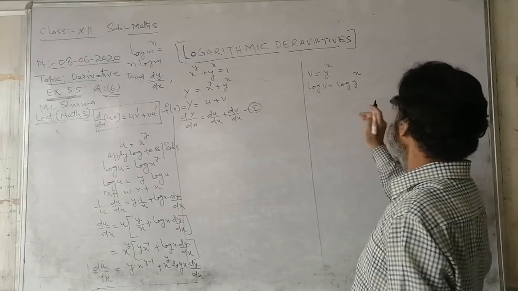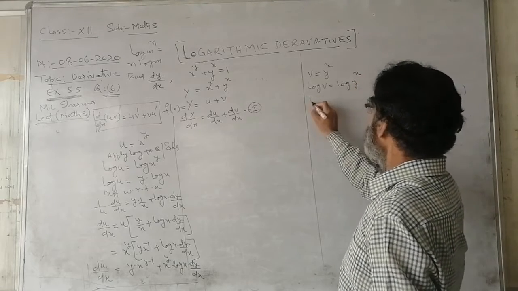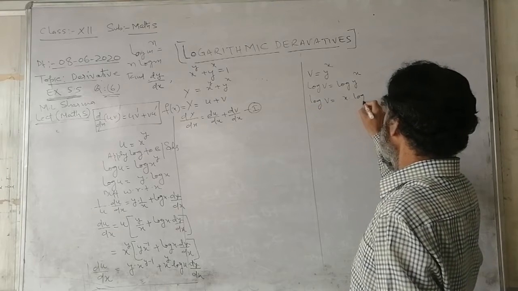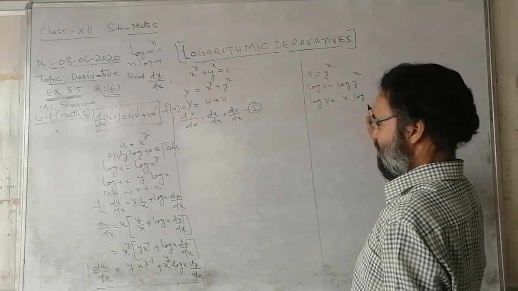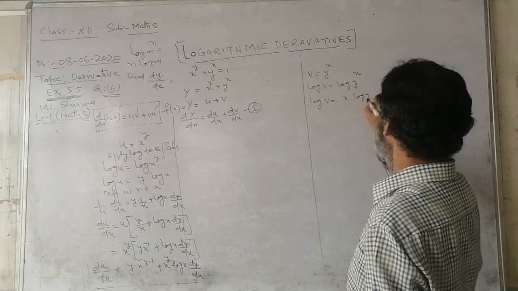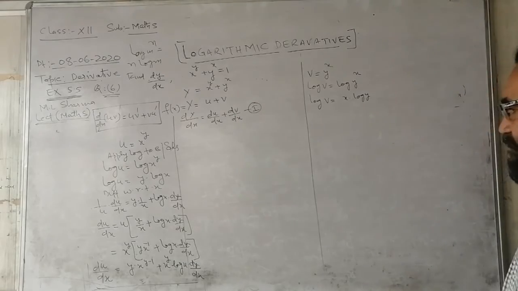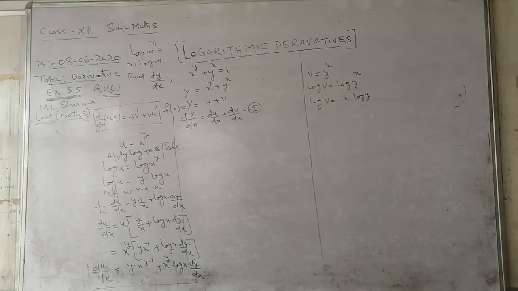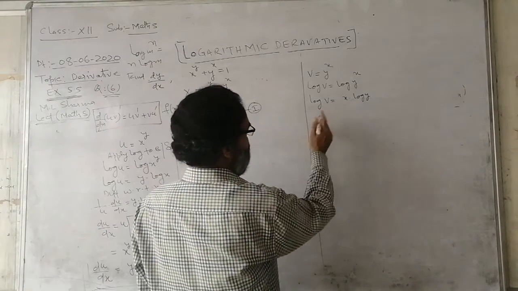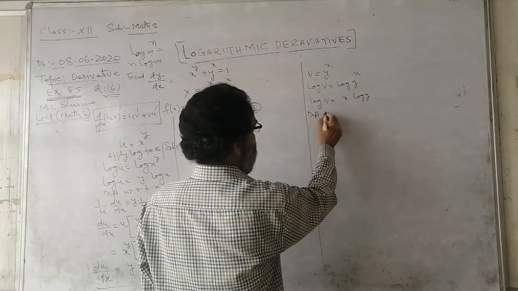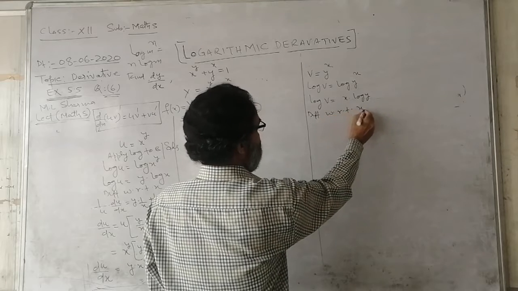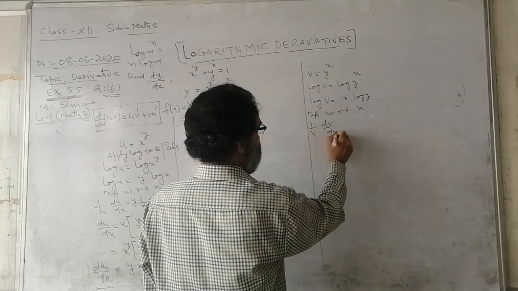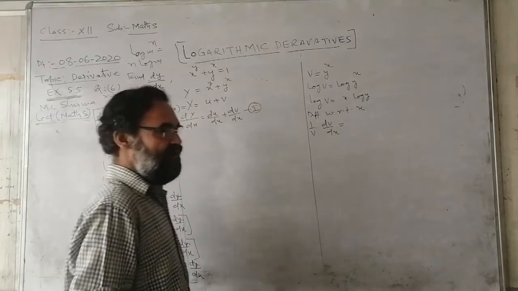Again, this exponent of y can be written as x log y. So again, if I differentiate both sides with respect to x, so 1 upon v dv upon dx, it is product rule.